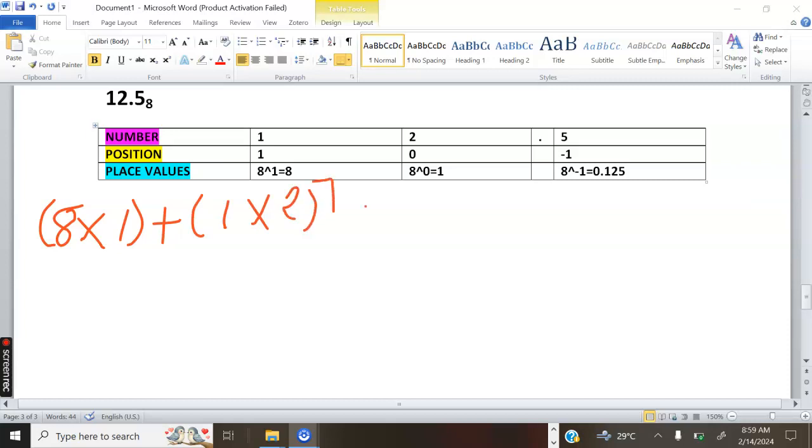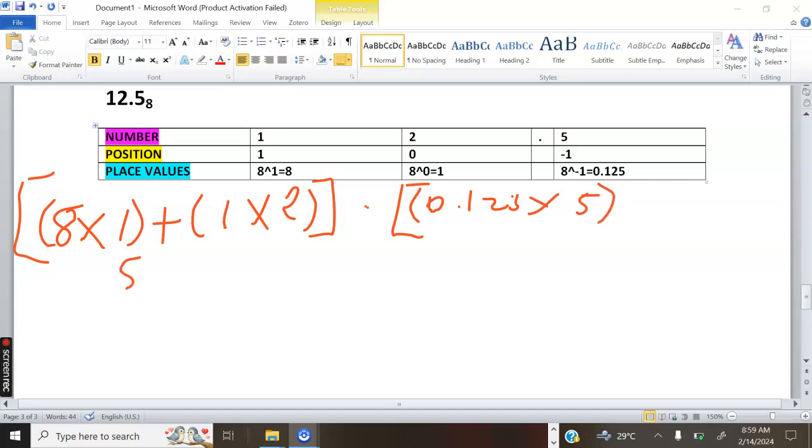Then we have the point. Then we have 0.125 multiplied by 5.